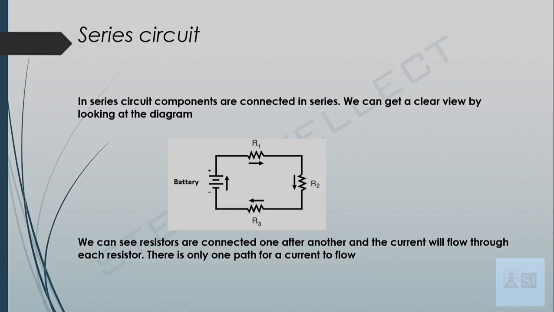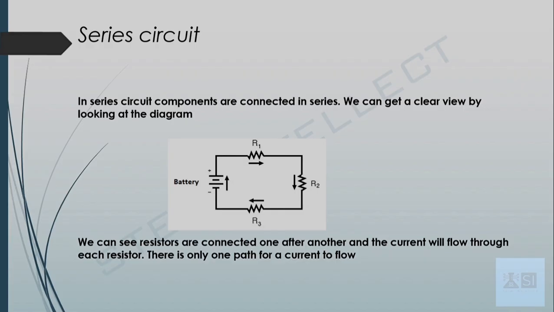The third one is the circuit in series. In series, components are connected one after another. Just look at the picture, you can see the resistances are connected one after another, and the current will flow through each of them, and there is only one path for the current to flow.